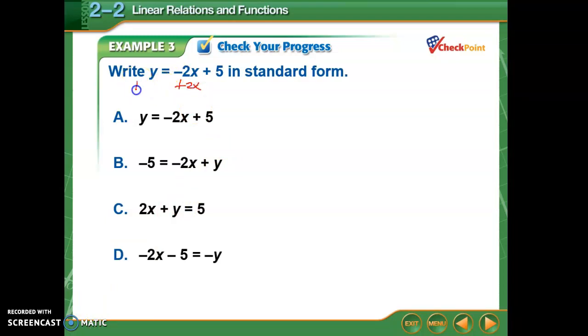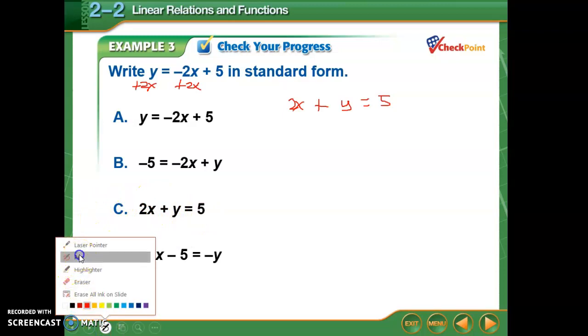You also add 2x to the other side. So that will give you 2x plus y equals 5. Okay? So 2x plus y equals 5. That is our best answer.